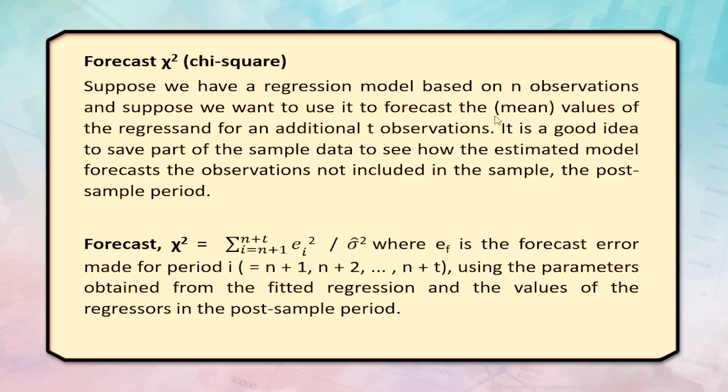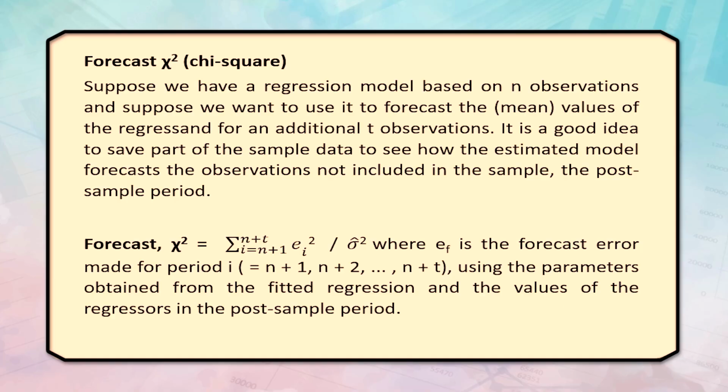So, we have a regression based on n observations and we want to forecast from n plus 1 up to n plus t. For this forecast, taking our earlier developed ideas, chi-square will be the ratio of the residual sum of squares divided by sigma square hat as earlier. This follows a chi-square, but now the e i square runs from n plus 1 up to n plus t. So, our sample period is n.